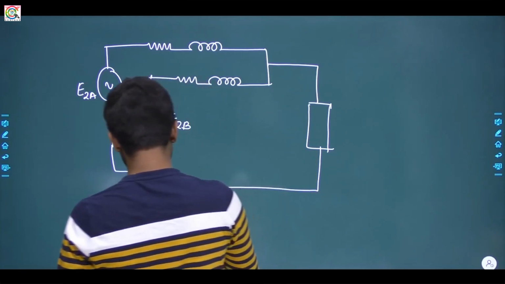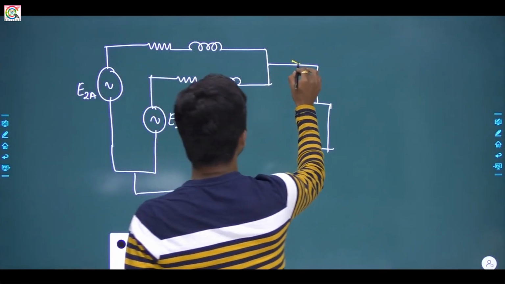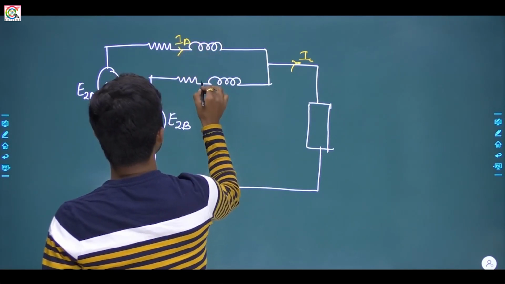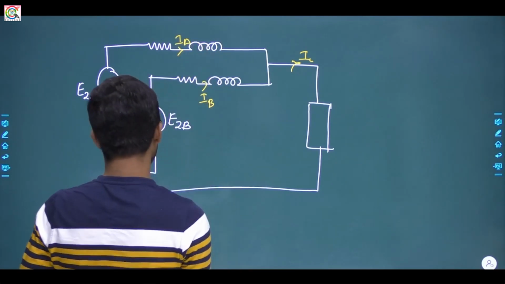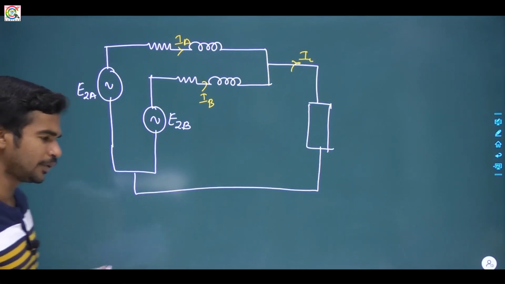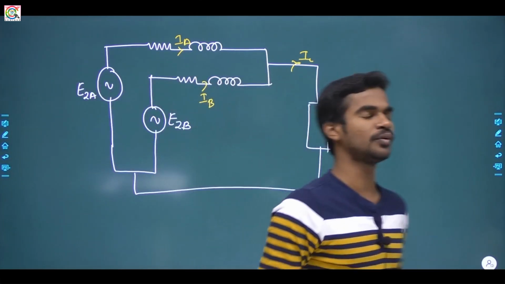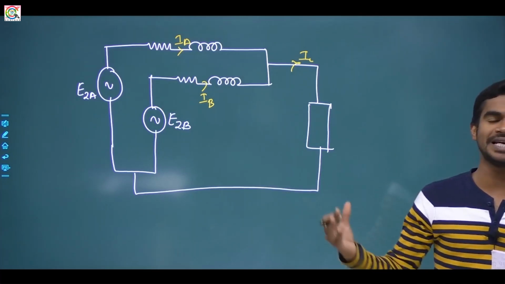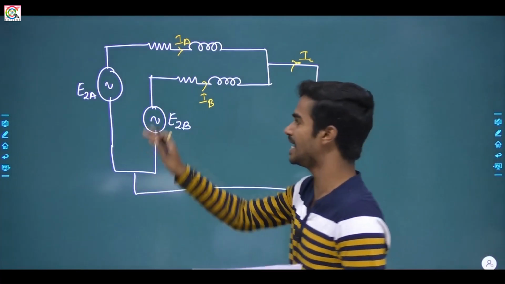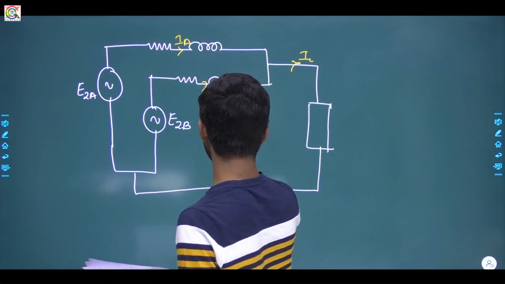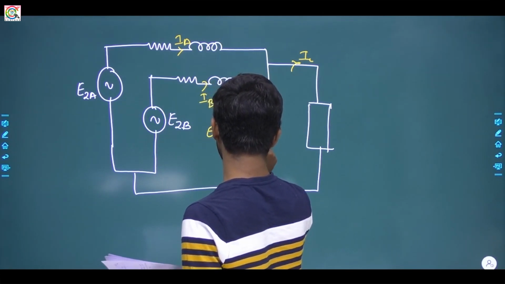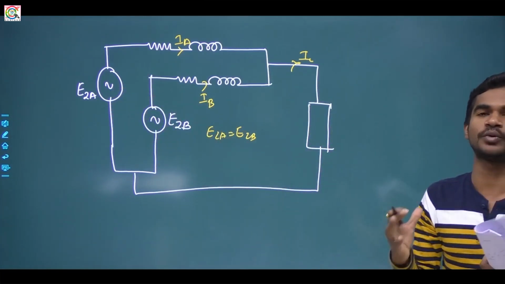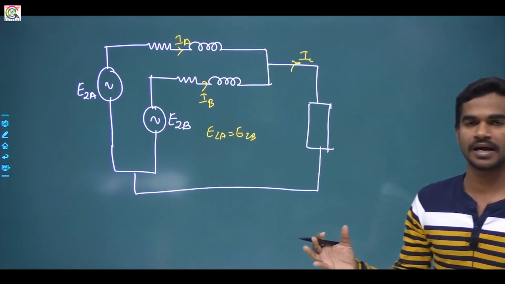Suppose the load current is IL, and this one is your IA and this one is your IB. Since we have to maintain the potential in the two transformers the same, otherwise circulating current will flow. What is the meaning of this? E2A must be equal to E2B, otherwise circulating current will flow and the transformer winding will be damaged because the circulating current is very huge. Are you getting my point?